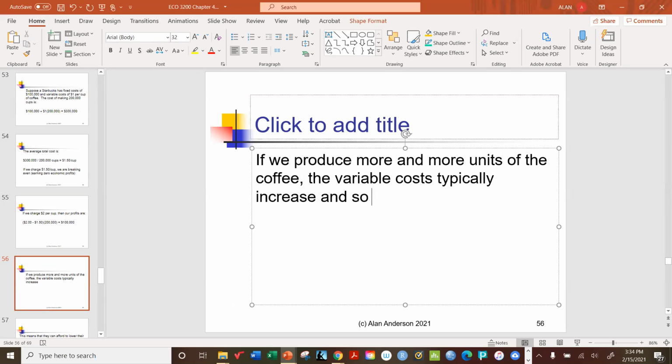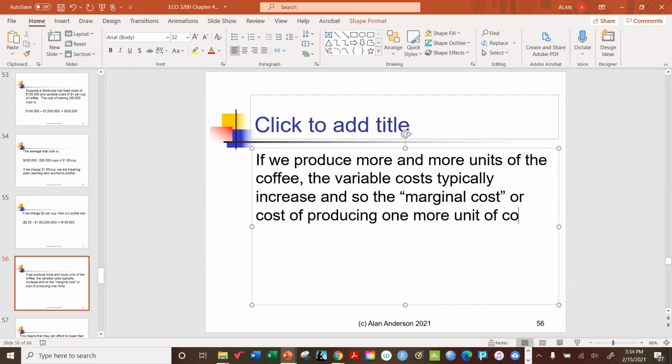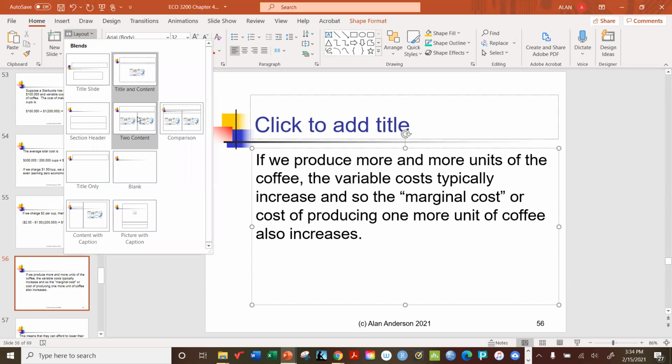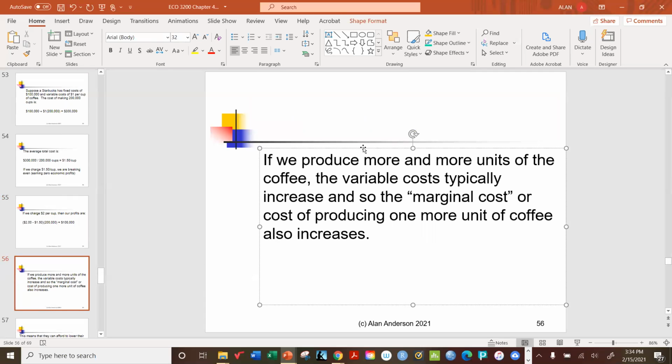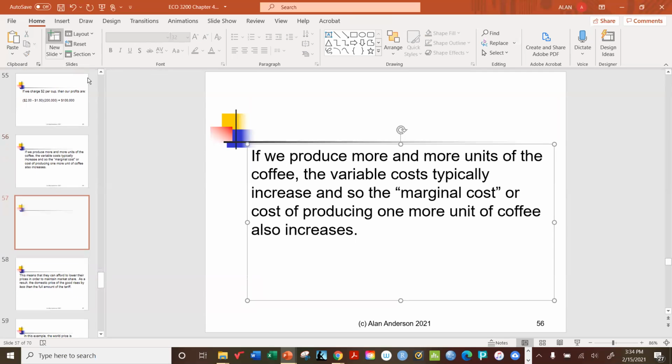And so the marginal cost, or cost of producing one more unit of coffee, also increases, right? So in order to make more coffee, if we have more customers, we may have to raise our price, because producing more and more coffee becomes more and more difficult with the fixed resources that we have. So if you were to draw a plot of these cost curves, what you're going to see is something like this.